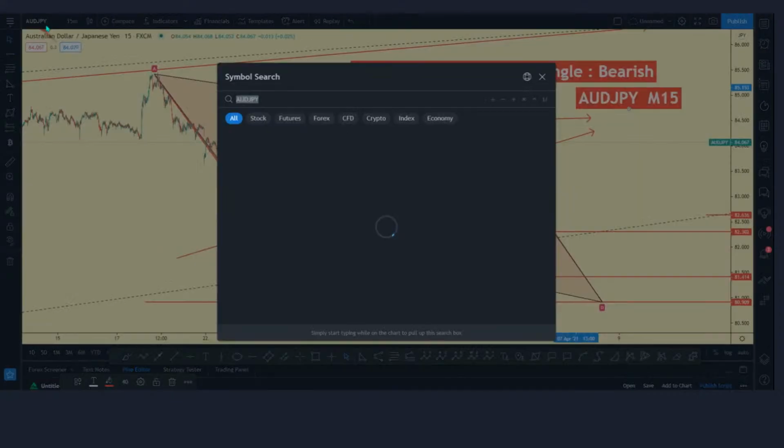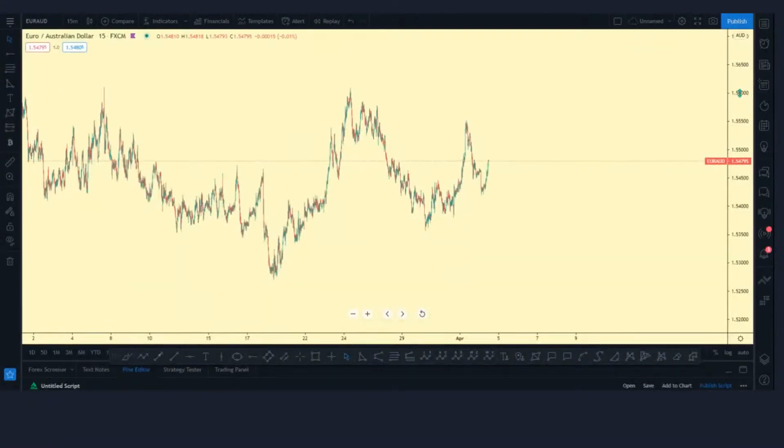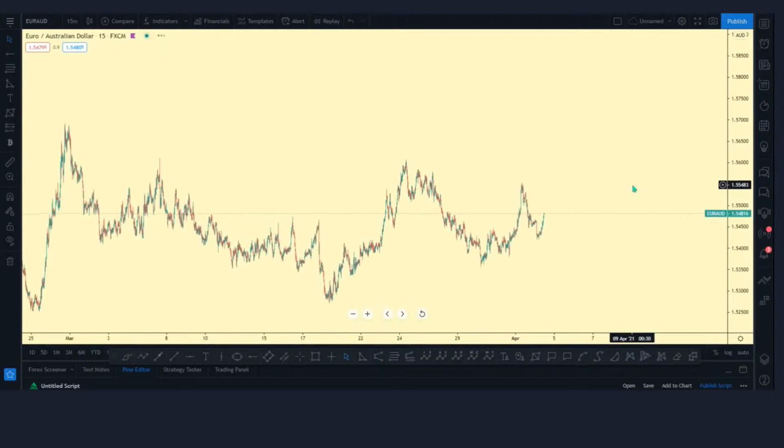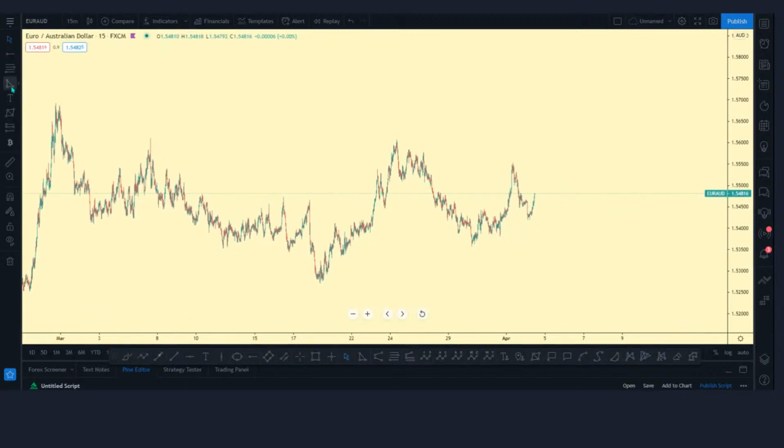So you're the same like you're in New Zealand. Okay, in the 4 hour, you do have a symmetrical triangle right here contracting. Basically, you do have something like this.